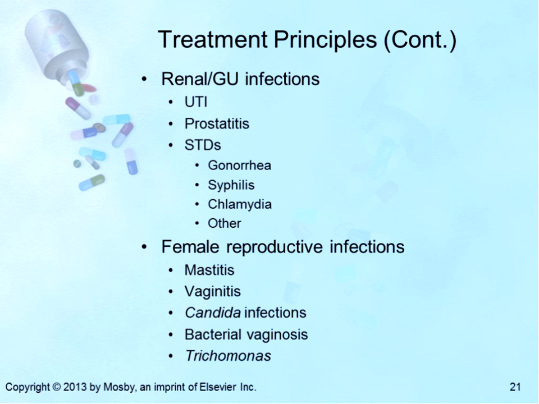Chlamydia is another STD. Men present with urethritis or mucopurulent or purulent discharge. Women present with mucopurulent cervicitis. Untreated infection can result in pelvic inflammatory disease, ectopic pregnancies, or infertility.